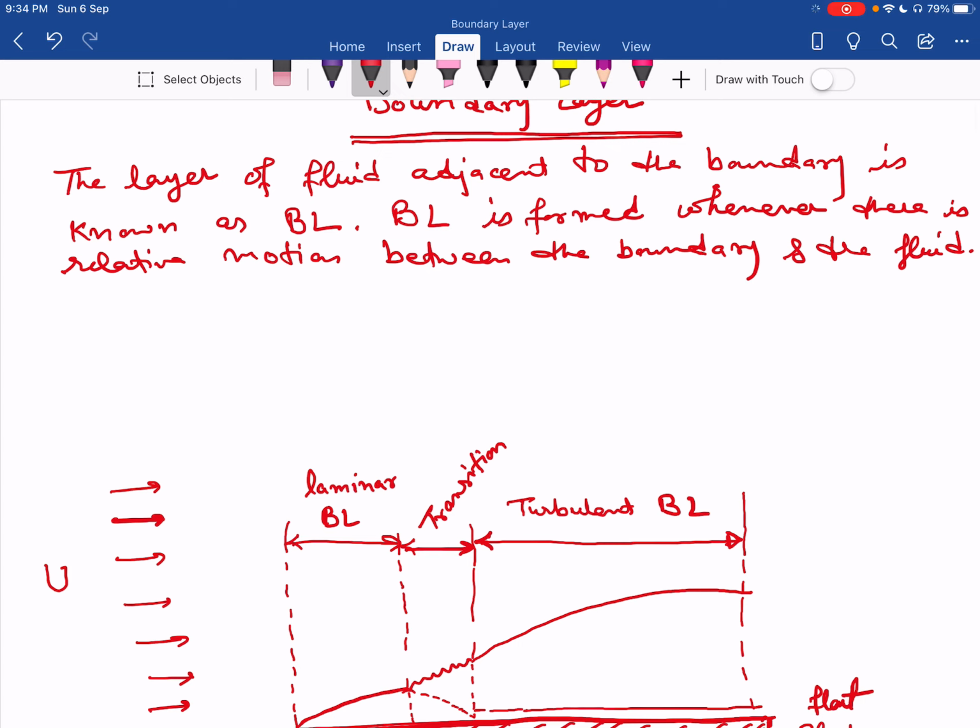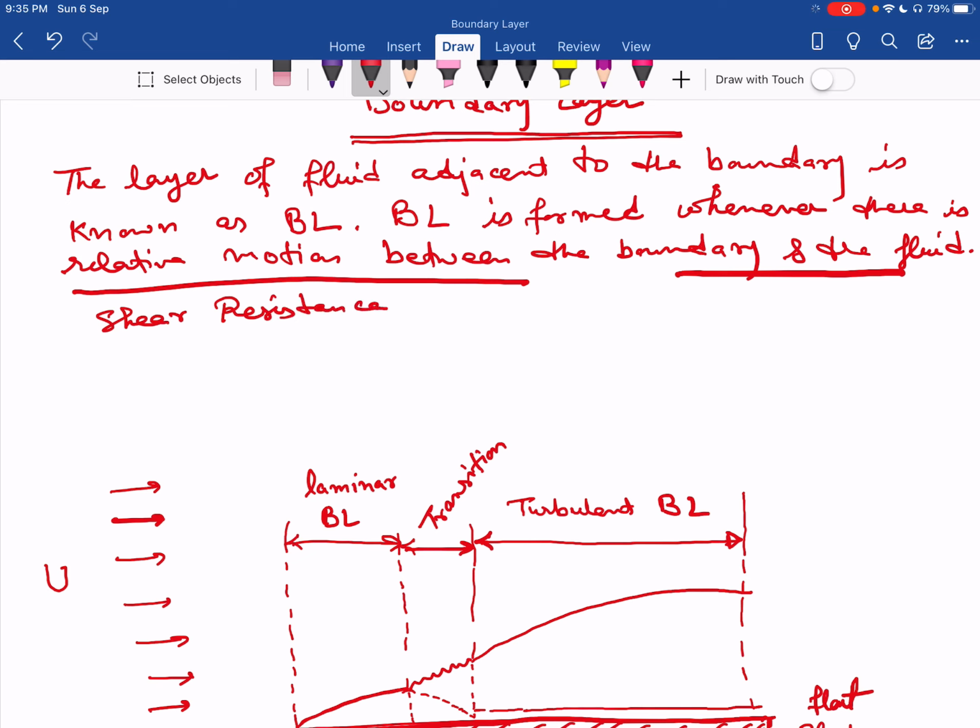Okay. So when there is a relative motion between the boundary and the fluid, then there is an existence of shear resistance or viscous force. So there is a presence of shear resistance between the layers of the fluid.